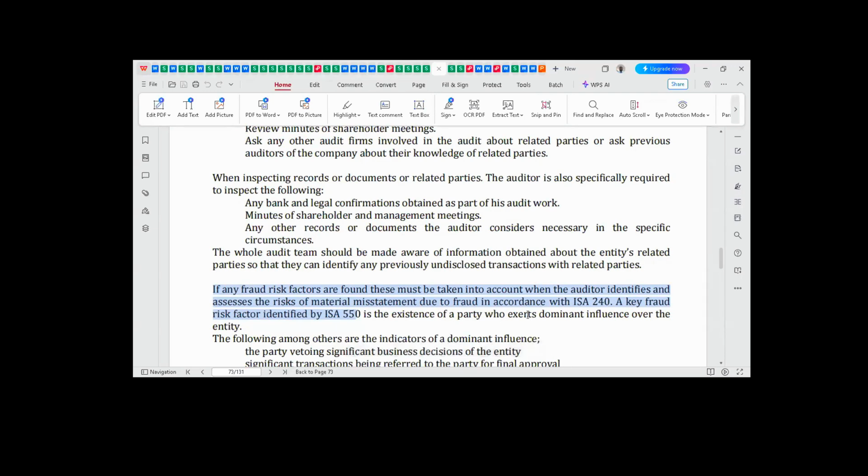Okay. Let me explain it. What they are saying is this. You understood related party transactions, right? Now, I said that sometimes the related party, if it's not properly checked, will bring an avenue for what? For fraud, right? Now, why will it be an avenue for fraud?